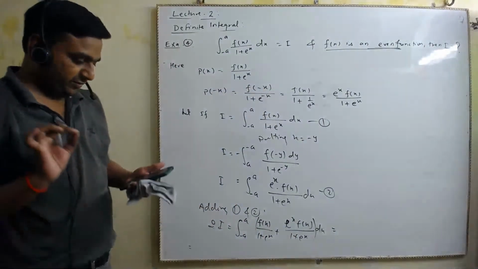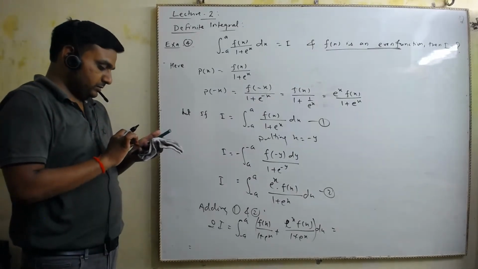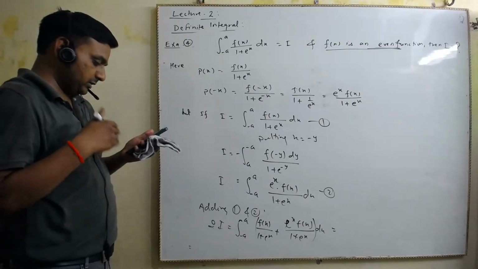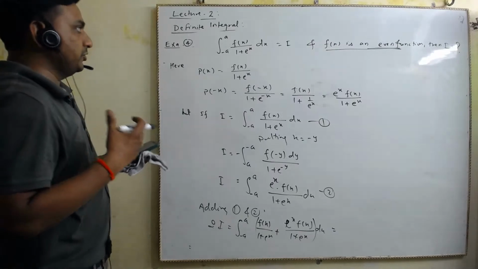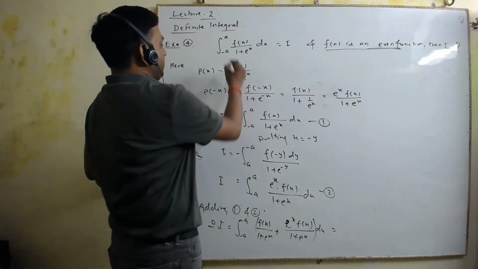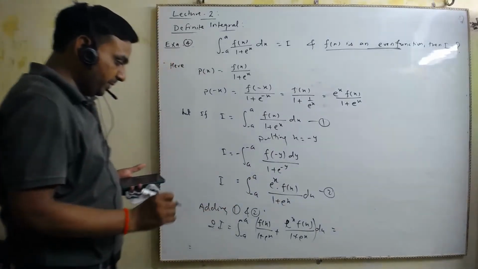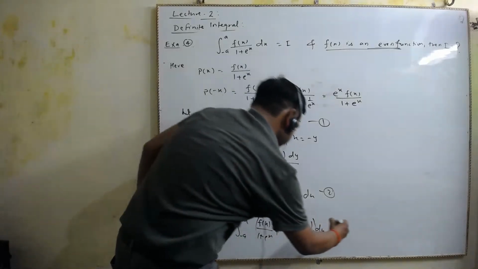No, no, there is an issue with the problem. Just wait a minute. There should be a condition over f of x, otherwise we cannot evaluate here. F of x is an even function, but at the end of the part it will be f of x, right?